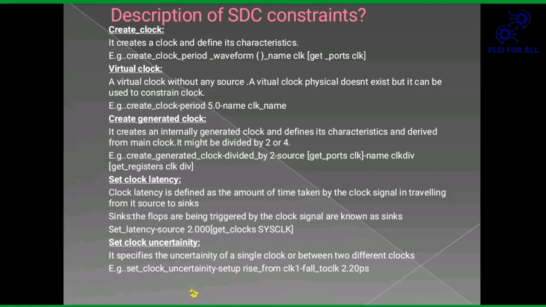So how do we define set clock uncertainty? See, here we'll have two flops. For two flops, we may have a single clock, or we may have two different clocks. Any uncertainty of the clock between those two flops is defined as the set clock uncertainty. So how do we write a command for that? set_clock_uncertainty -setup -rise.